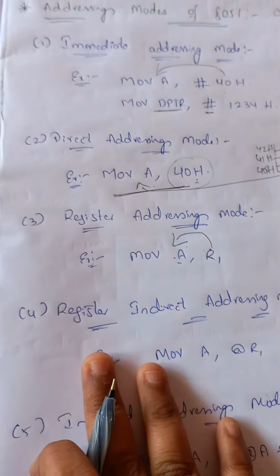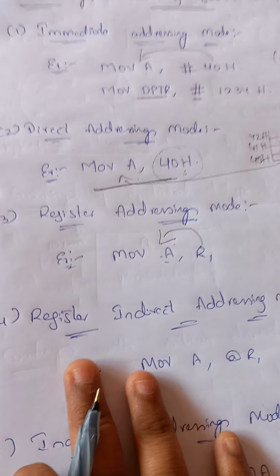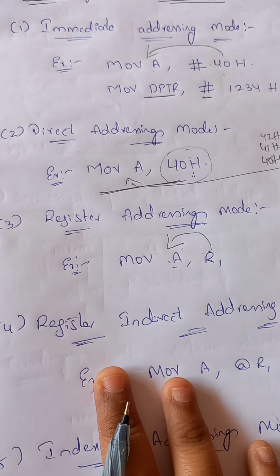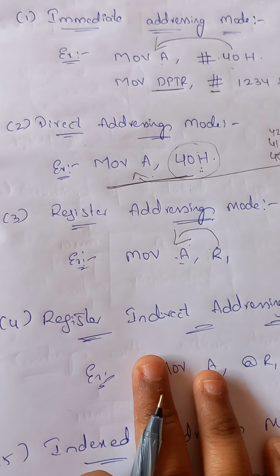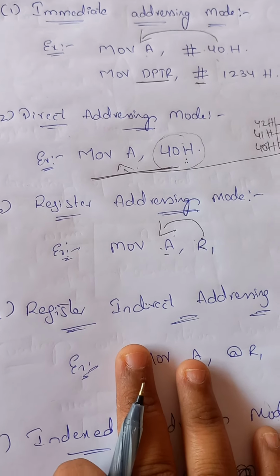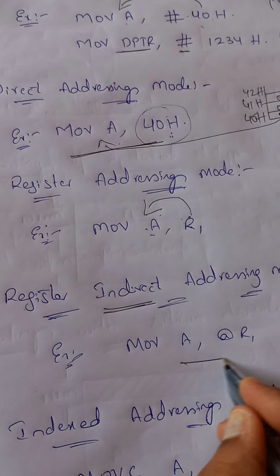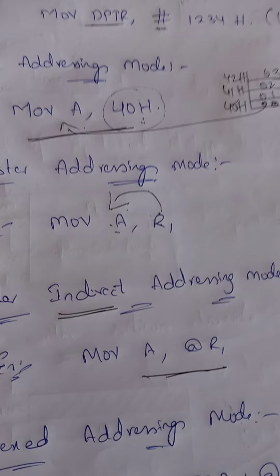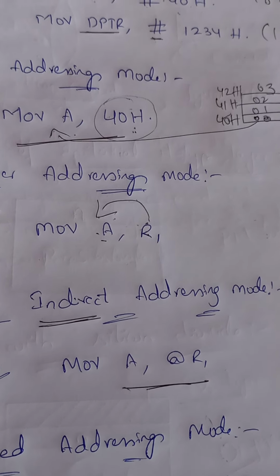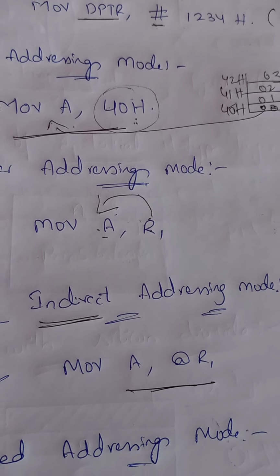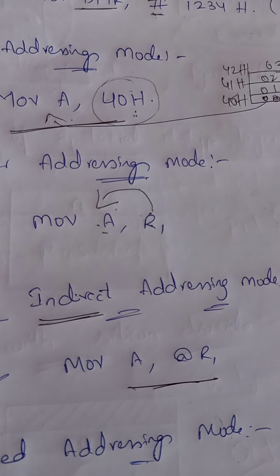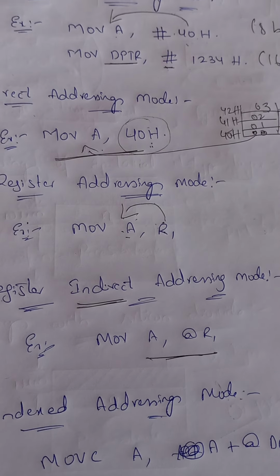Coming to the fourth one, the register indirect addressing mode. Here the address of the operand is specified indirectly, in the form of a register, which may be R0 or R1. This type of addressing mode is known as register indirect addressing mode.